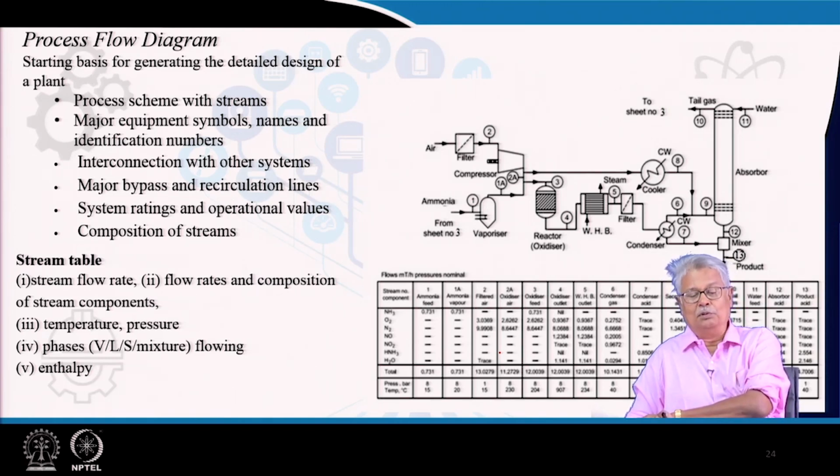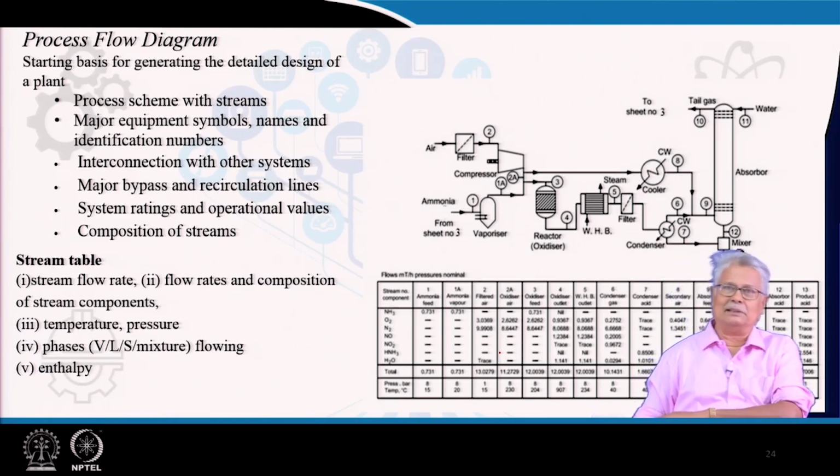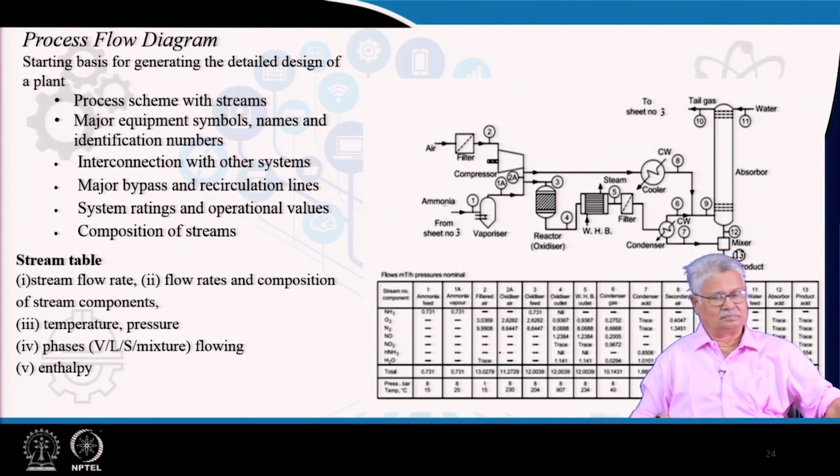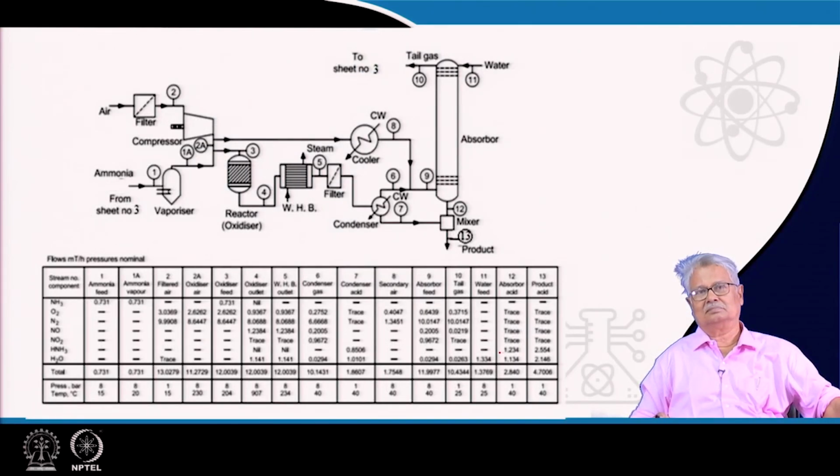Now, you definitely will be having a stream table, which is the table that you can see here below the diagram, which contains, stream number wise, the stream details, which include phases, temperature, pressure, enthalpy and flow rate. This is the same thing separately shown.